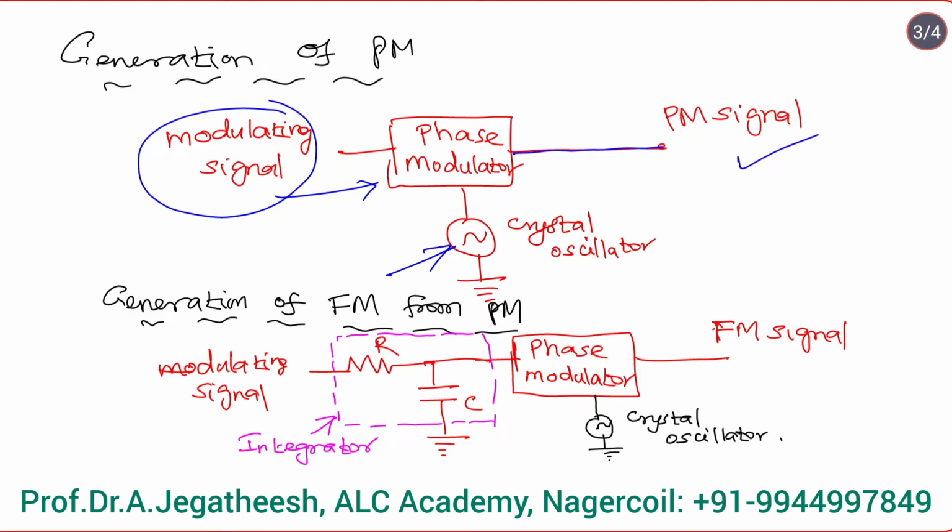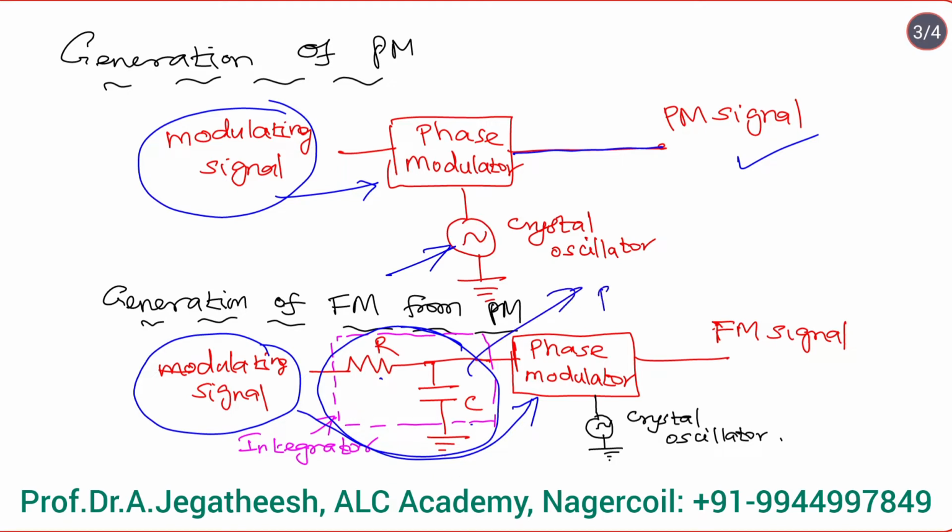But in the second diagram, where the FM signal is generated with the help of the PM signal, the modulating signal is not given directly to the phase modulator. In between the modulating signal and the phase modulator we have an integrator. The integrator is achieved with the help of a resistor and a capacitor. It is also called an RC filter.